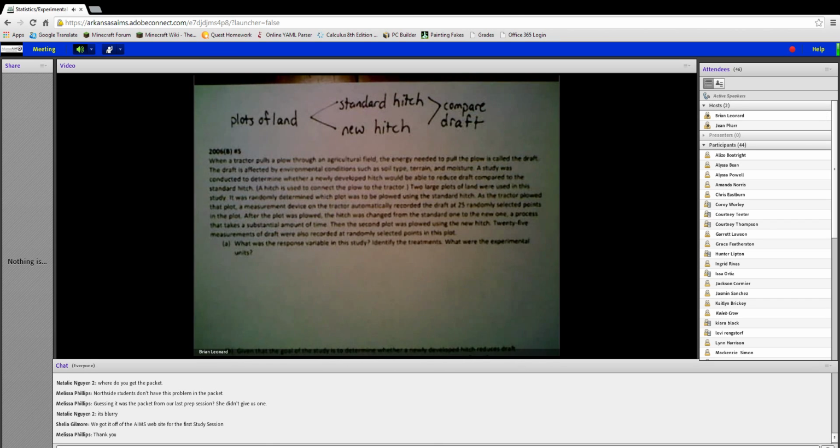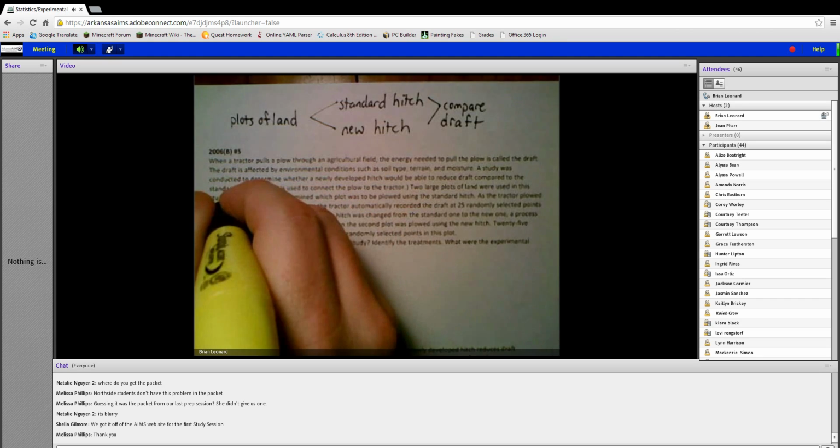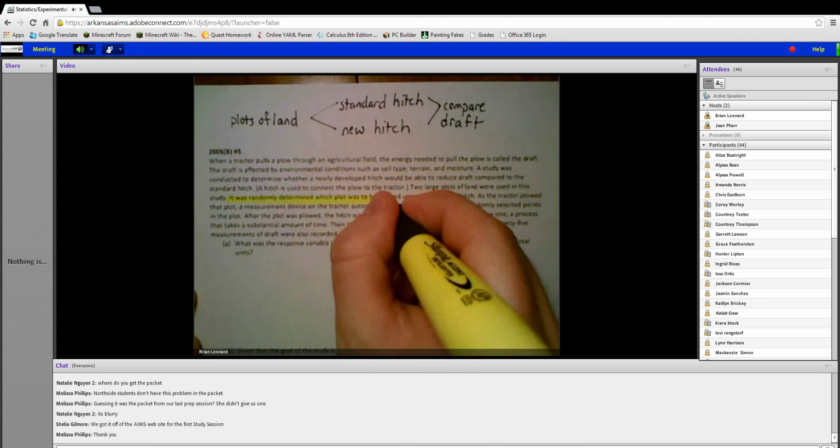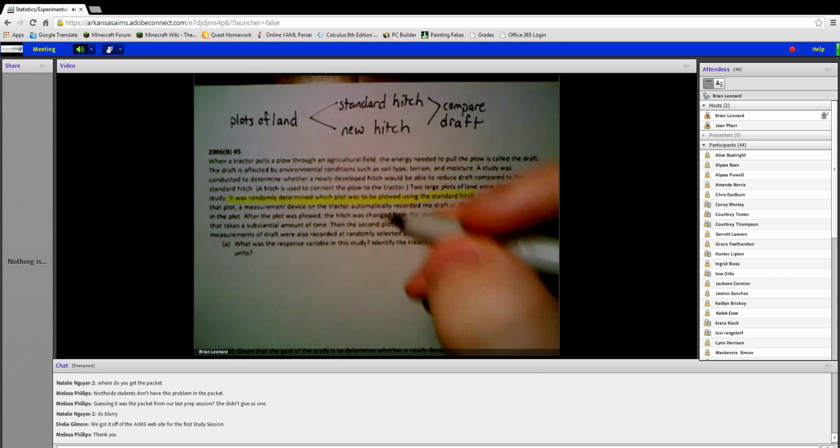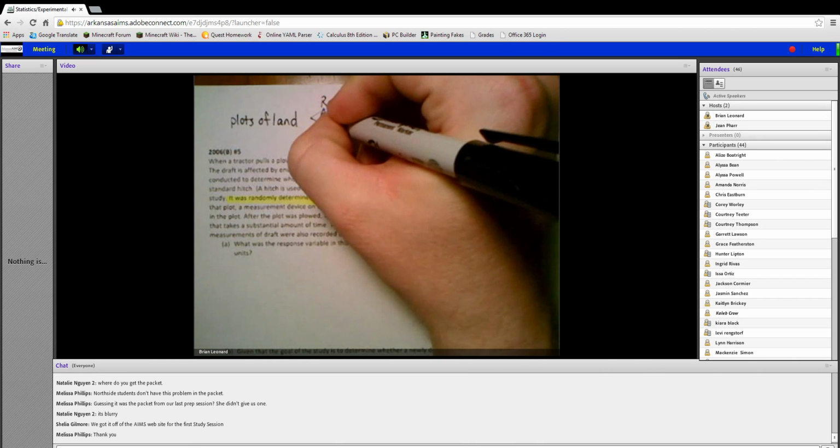Let's see if we can examine that real quick. And if you look carefully, you will notice it says right here, it was randomly determined which plot was going to be plowed with the standard hitch. And then the other hitch was applied to the other land. So this was randomly done.